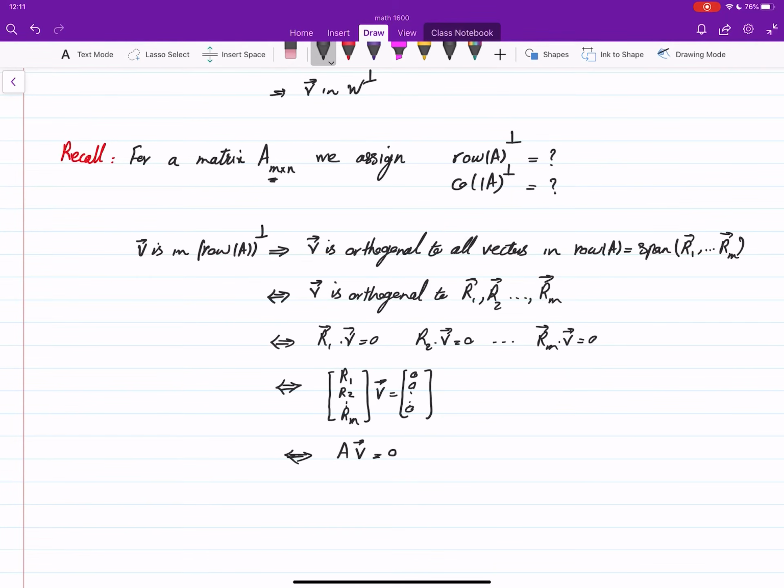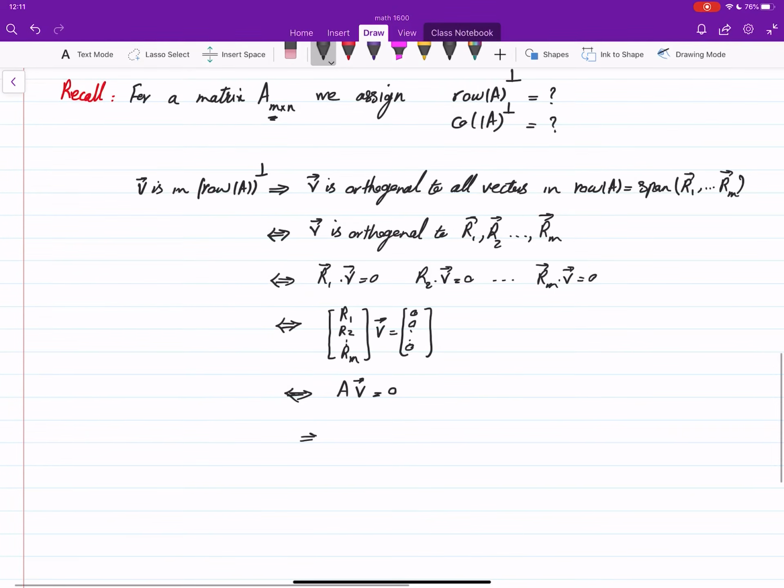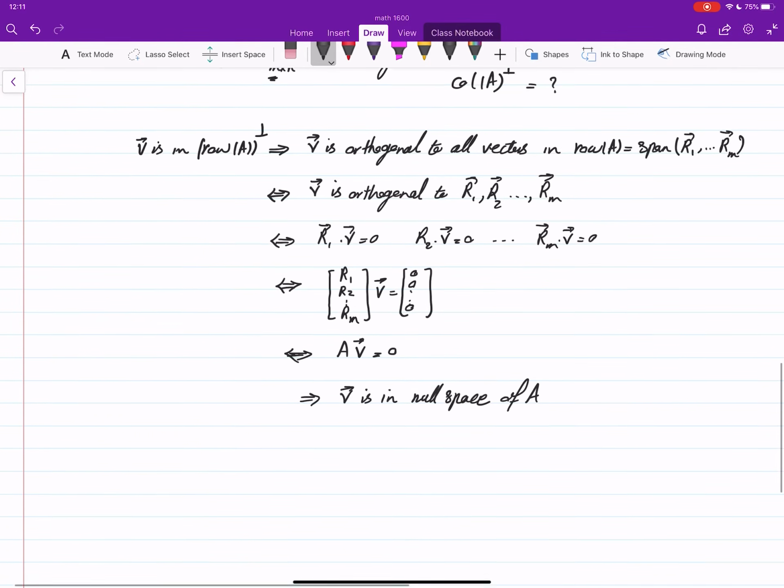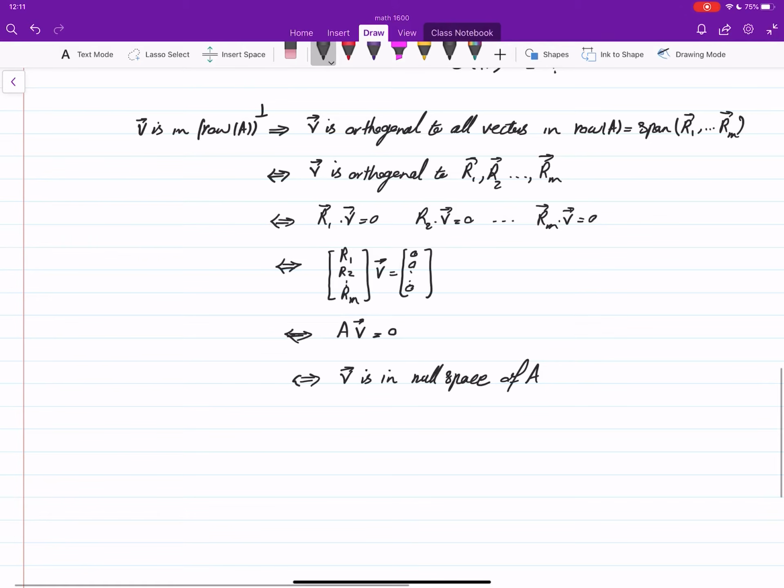But we know such a thing has a name. So v is in the null space of A, and this is if and only if.